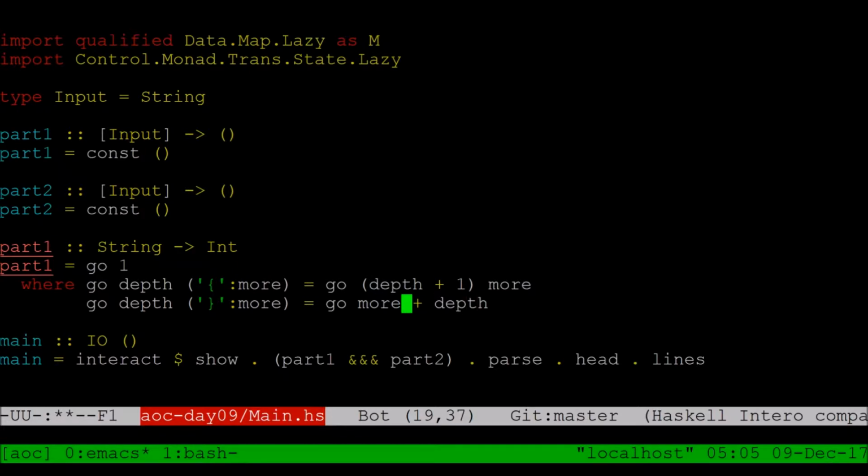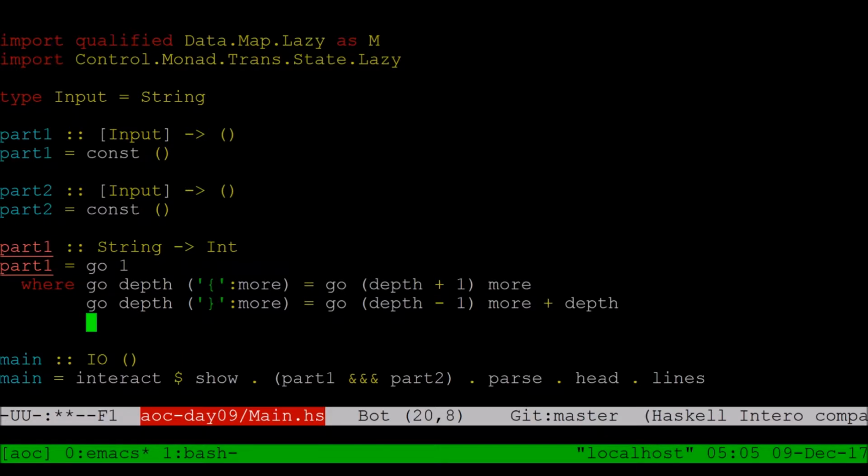Oh, go more needs another argument. Go depth minus 1 more plus depth. Okay. So can exclamation points only appear inside of garbage? Okay.